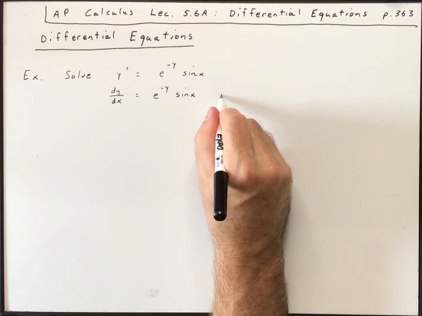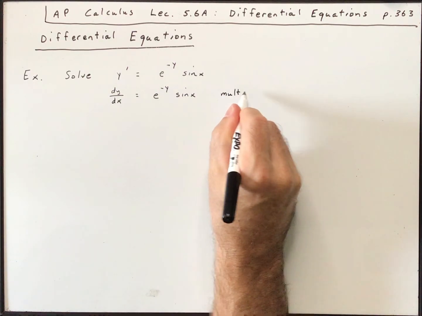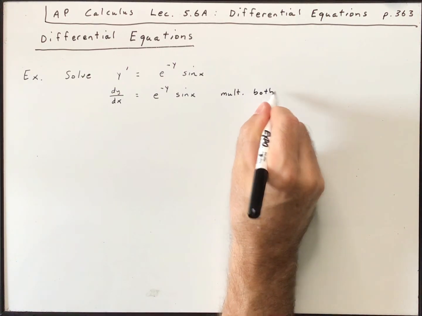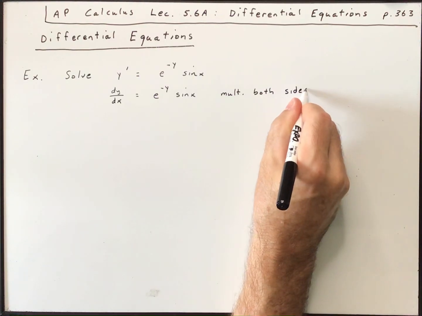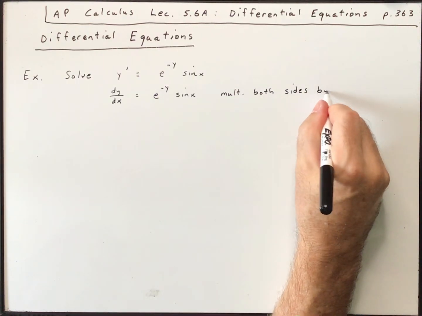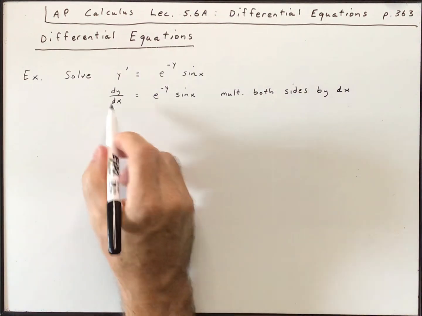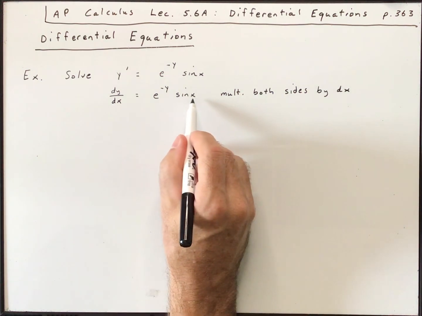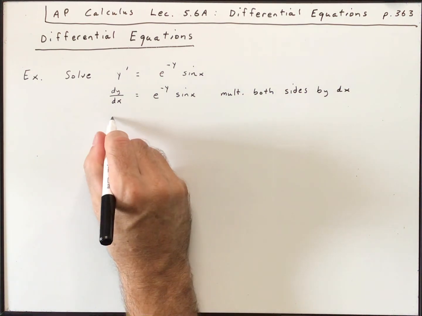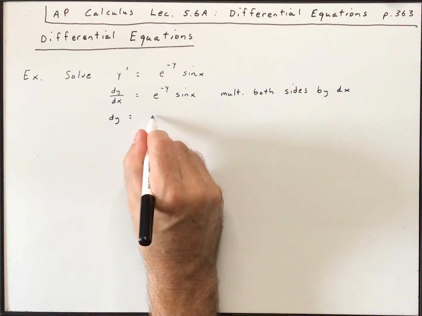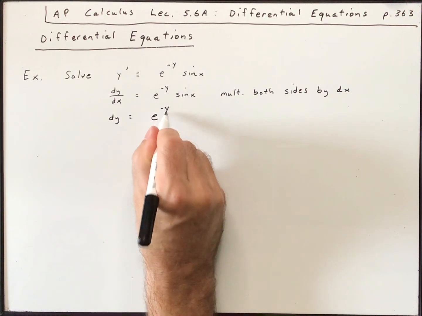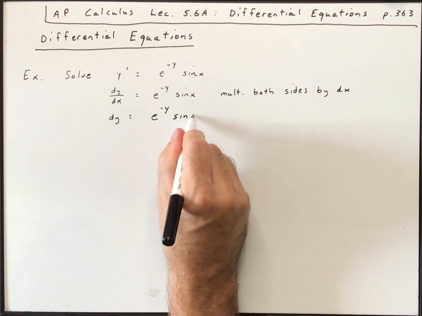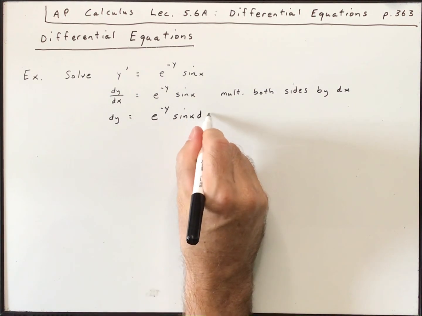Now let's multiply both sides by dx, because I want the dx next to the term that has an x in it. So if we did that, we'd have dy is equal to e to the minus y times sine x dx.